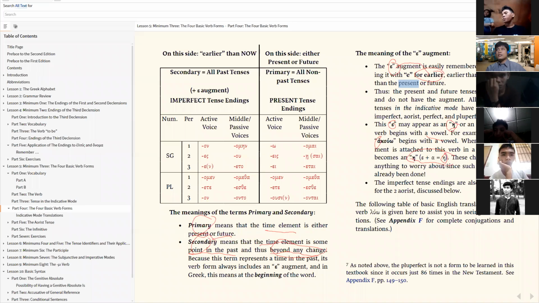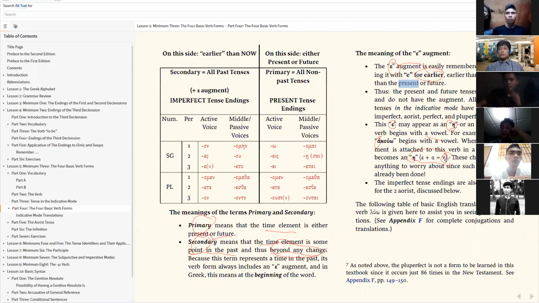This is an illustration of marriage, basically. How can two elements become one? It's very simple. An example of that: epsilon plus alpha. These are two different letters, but when they come together, they become one, and they become eta. So take note of this.